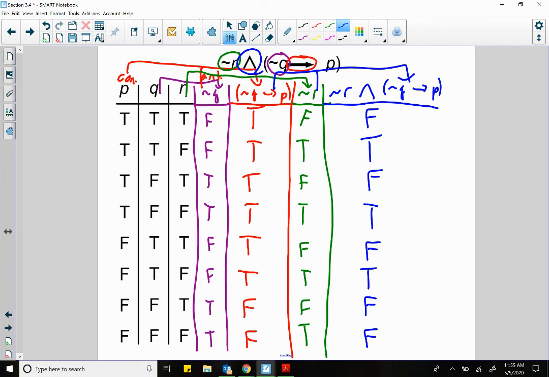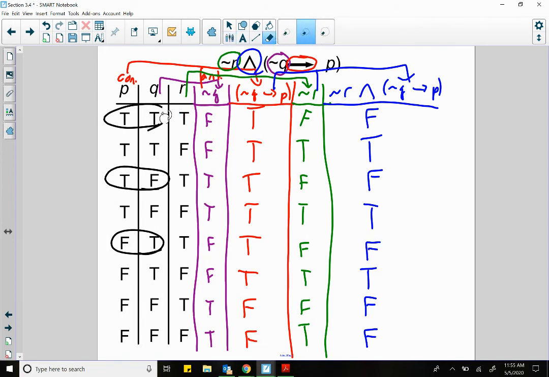So again, we could ask some questions. You know, I could ask, what are the conditions for false statements? So you can come in here and be like, well, if P is true and Q is true, that's a false statement. If P is true, Q is false, that's a false statement. If P is false, Q is true, that ends up being a false statement. Oh, sorry.